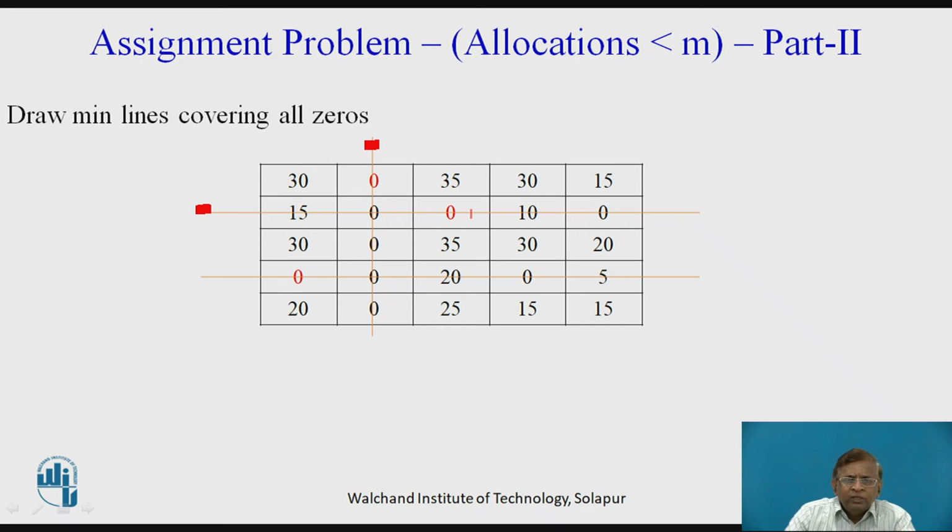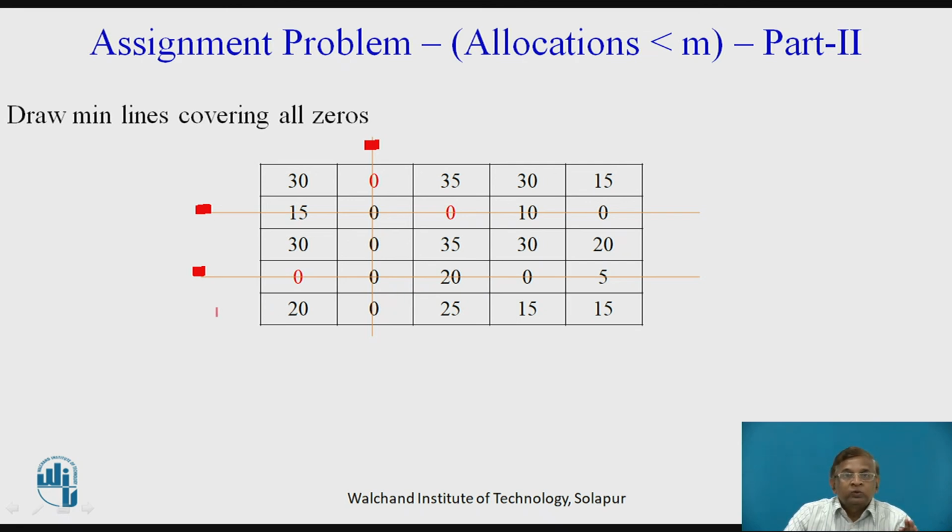Now we do not have any row or column which has 3 zeros or 4 zeros which are not covered yet. Next, for the fourth row, we have a 0 in the first column and a 0 in the fourth column also. So for covering these two zeros of the fourth row, we draw the third line.